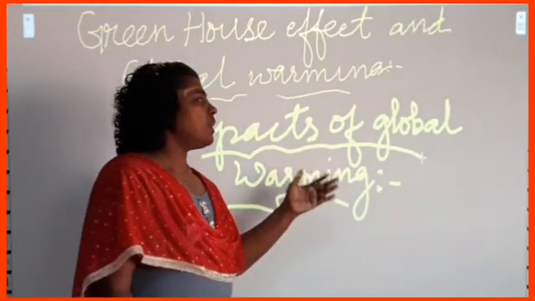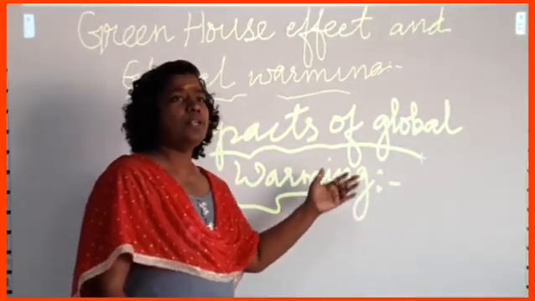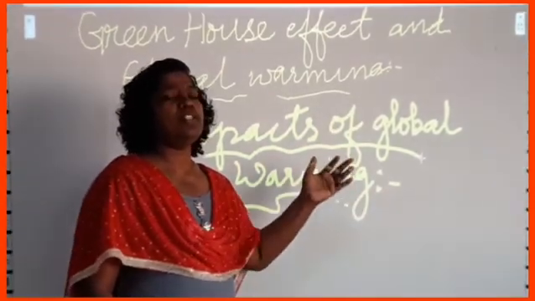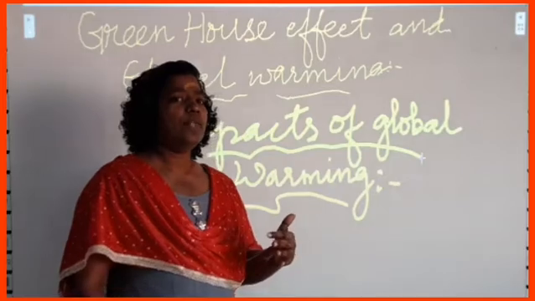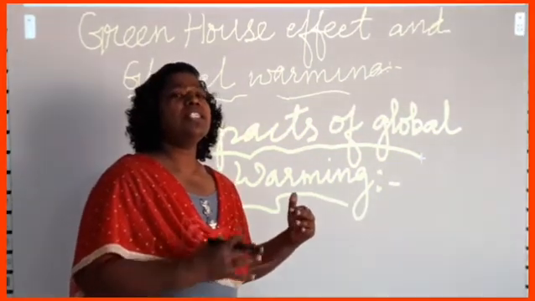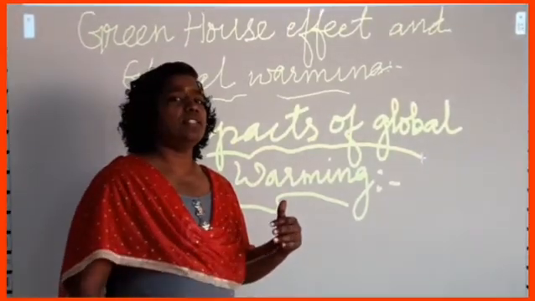Because of global warming, what happens? These icebergs started melting, and it joins with the mainland. When the icebergs melt, what happens? The sea level may increase.